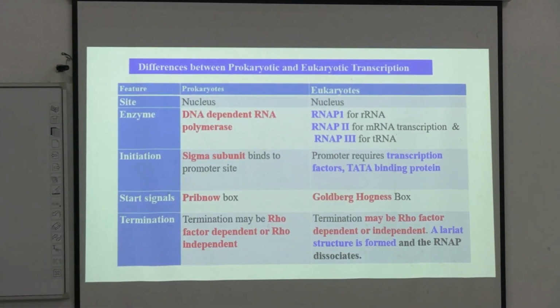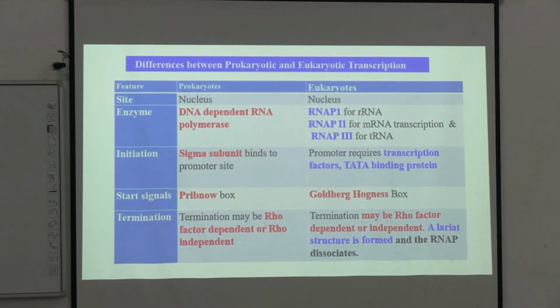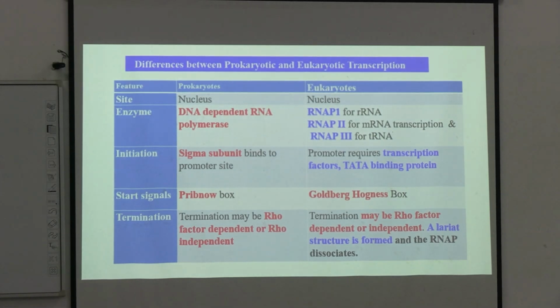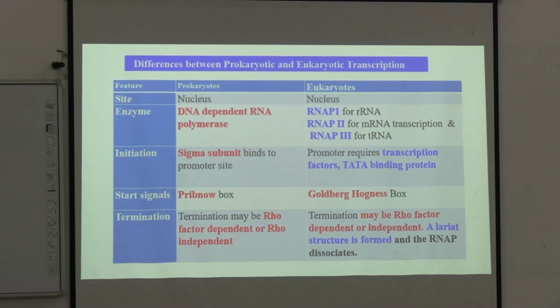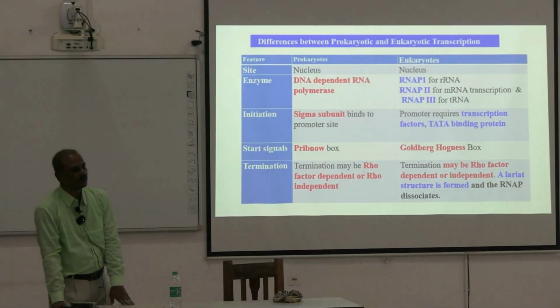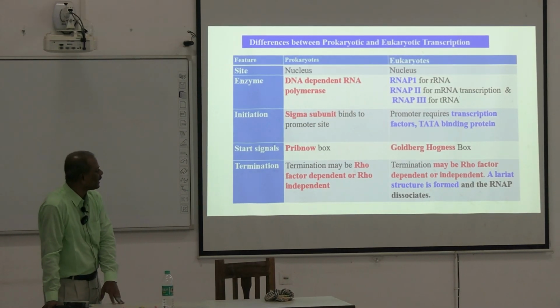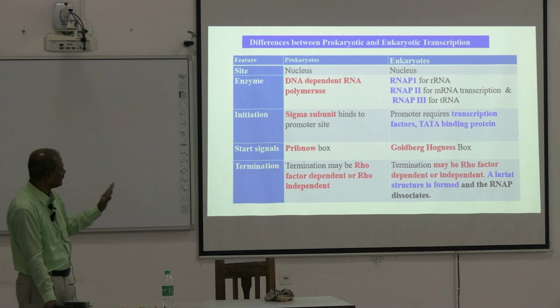In contrast, eukaryotes have 3 RNA polymerases, 1, 2 and 3, and just to remember at least minimal information, RNA polymerase 1 synthesizes rRNA, mRNA is synthesized by RNA polymerase 2, and tRNA is from RNA polymerase 3. There are other RNAs which are formed, that I will tell.